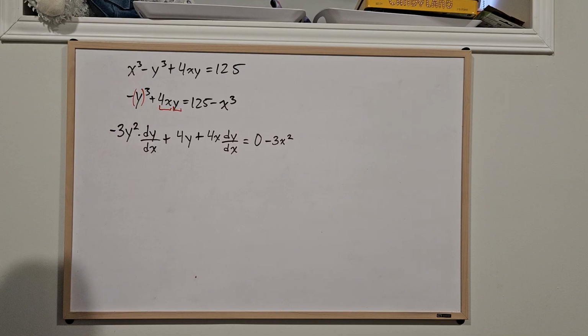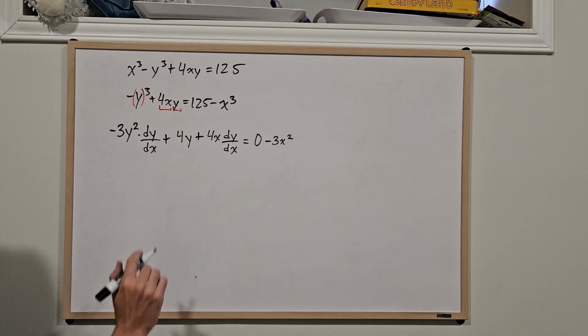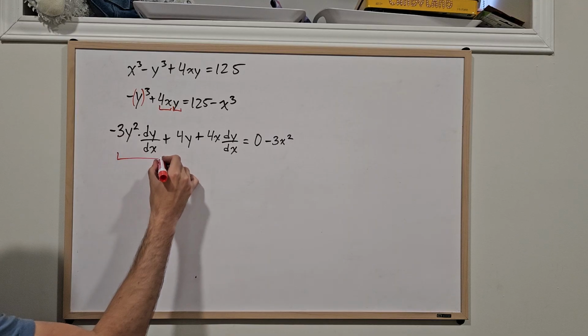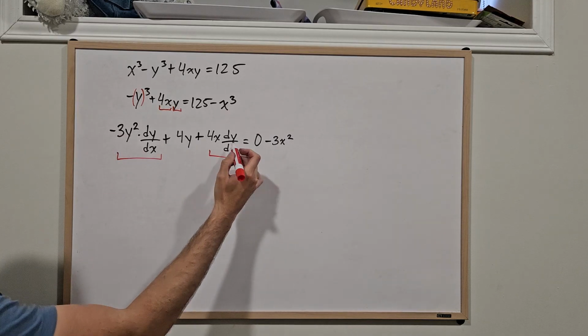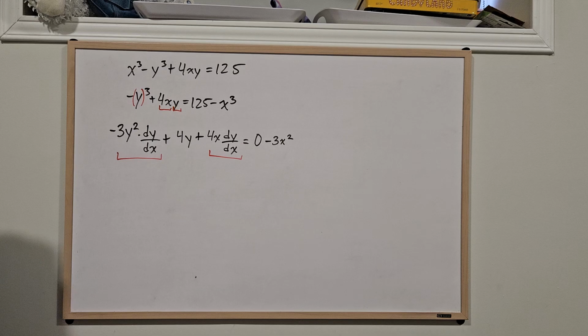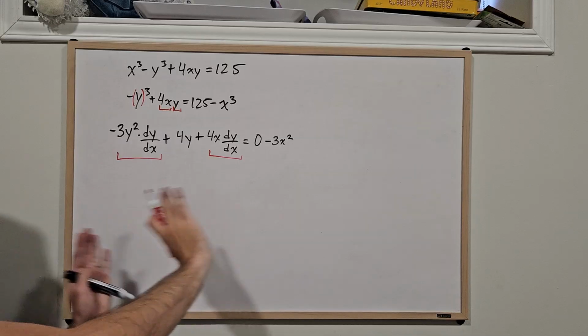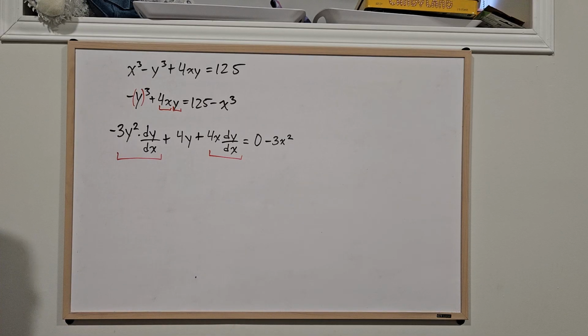Now what I'm going to do is group my terms that are attached to my dy dx, because the dy dx is ultimately what I want to find. That's our derivative. So I want to try and isolate that part and push everything over to the left hand side if I can.